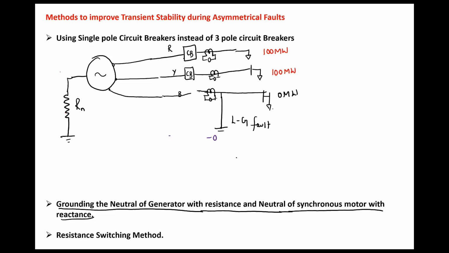Now, if a single line to ground fault occurs, how will this fault current flow? This fault current will flow from the faulted conductor and it will enter into the system through the ground. So this is the path of your fault current.